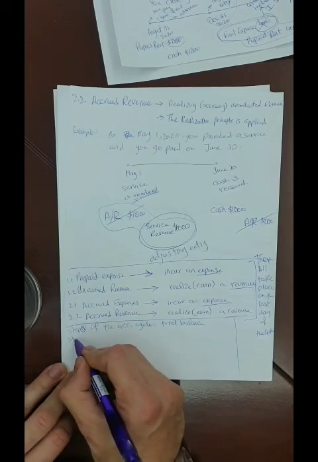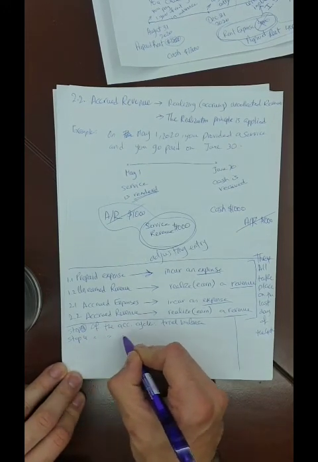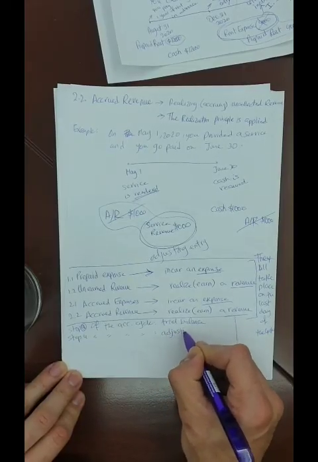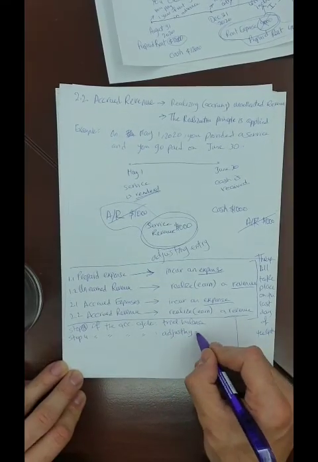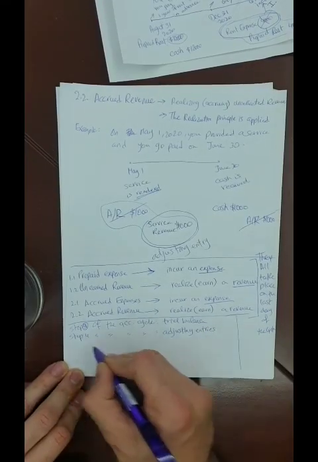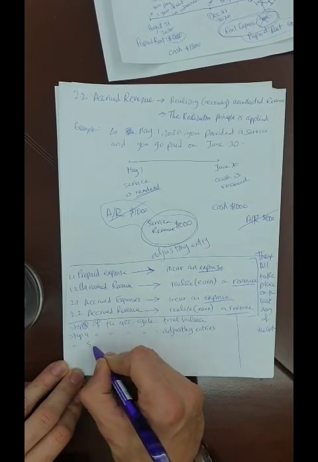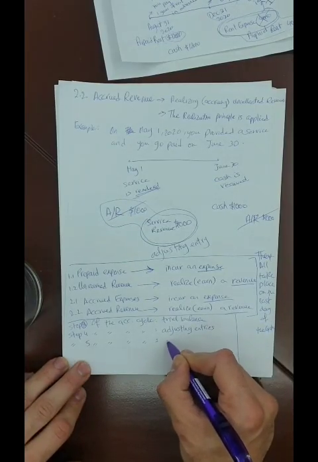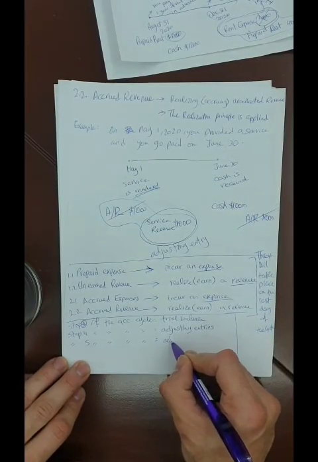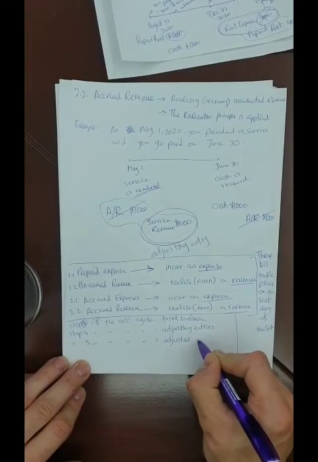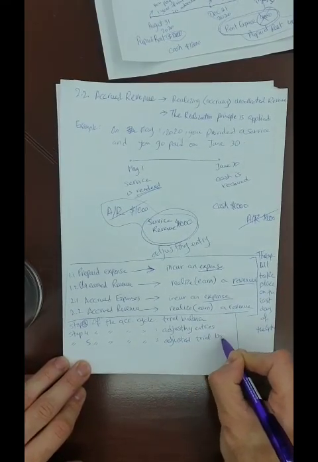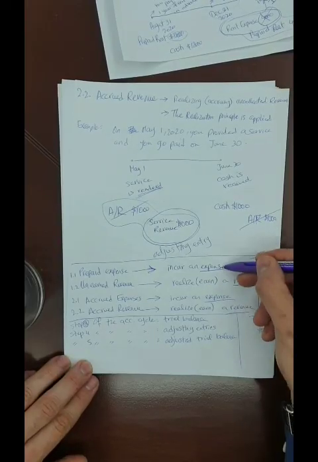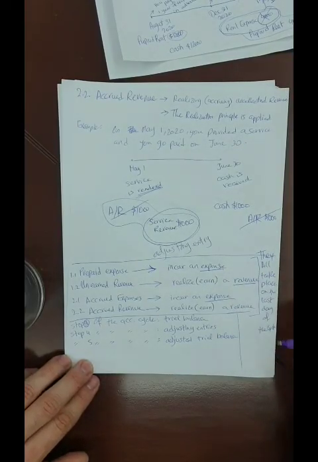Step 4 of the accounting cycle is adjusting entries, which we learned how to prepare. In step 5 of the accounting cycle, you prepare an adjusted trial balance in light of those additional expenses and those additional revenues.